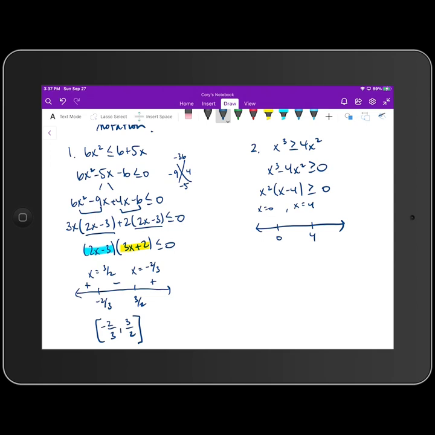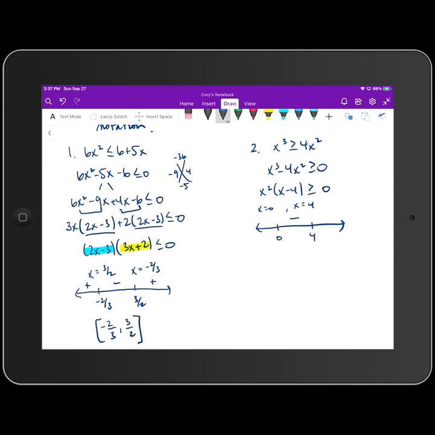Now, I don't have to bother testing the first factor, x squared, because no matter what number I plug in the place of x, whenever I square it, it's going to be a positive quantity. So the sign of the product is going to be dependent on the value of the second factor, x minus 4. So when I plug 1 into that second factor, 1 minus 4 is going to be negative.